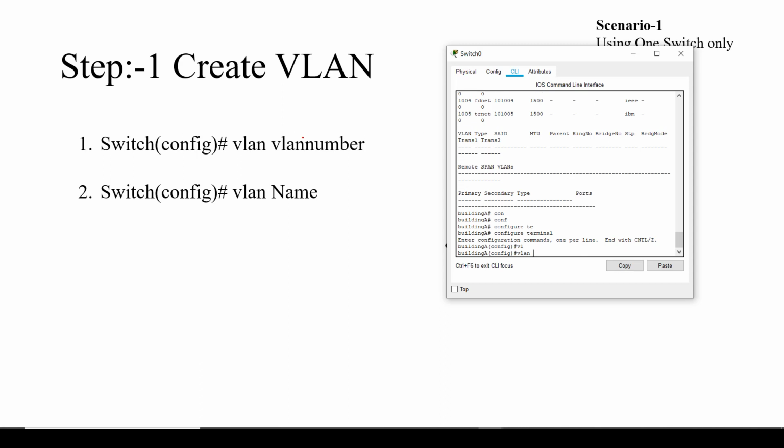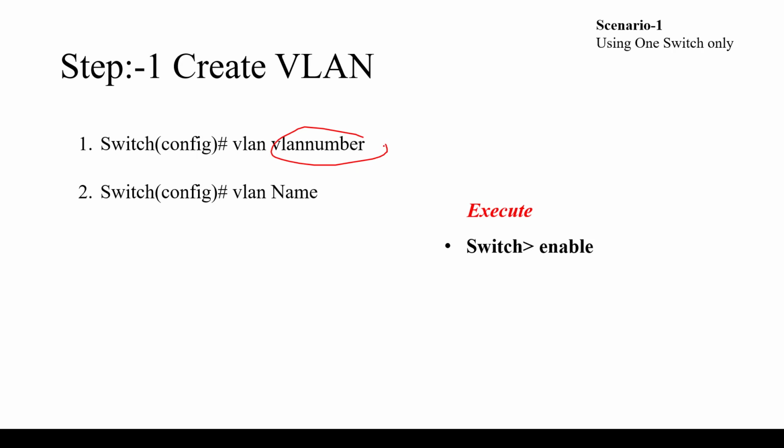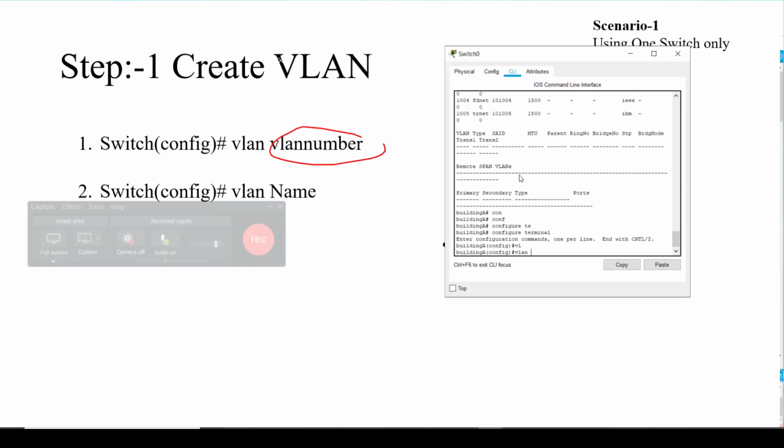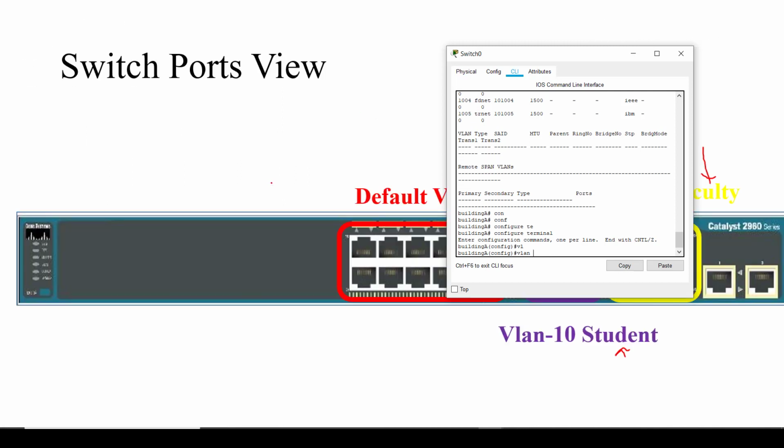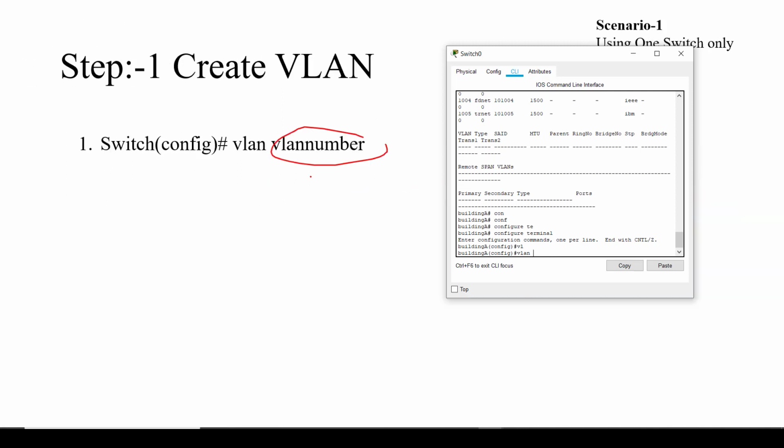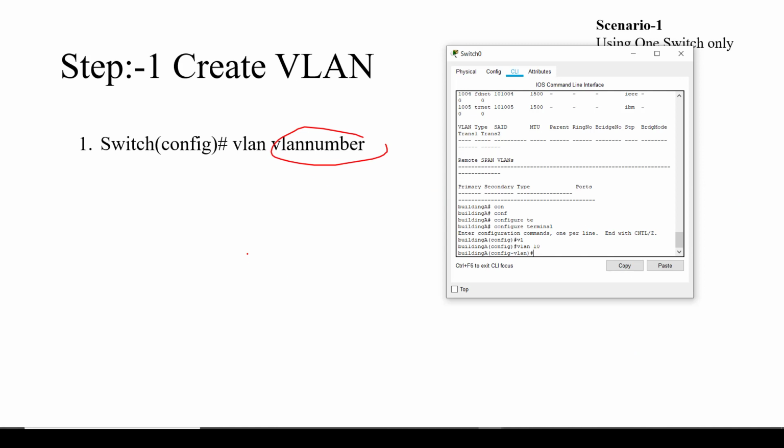Now just type VLAN. Here we have to type the number. What is the number for student? It is 10, right? Now we have to assign the name of the VLAN.